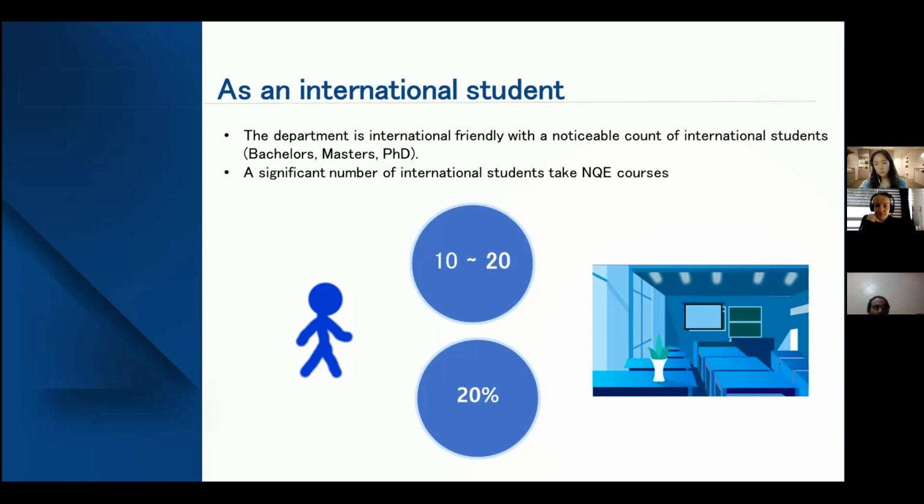Of course, it's not as big as some other departments in KAIST in the number of international students, but in NQ there is a continuity of international seniors whom you can ask for advice or resources, and it's nice to have people from the international community around you, which is very helpful, all the time actually.